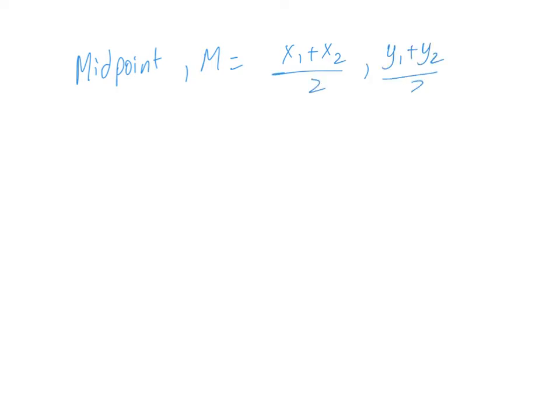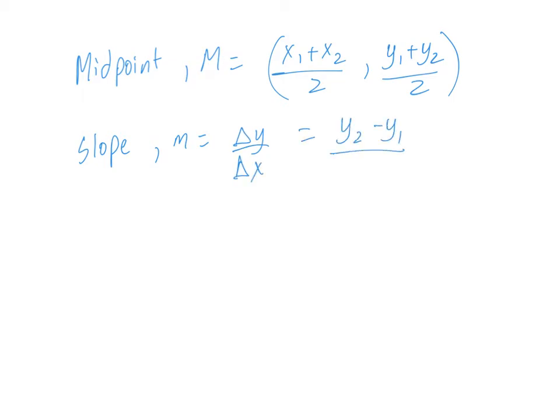If I were to write them over here, these are my three formulae. Midpoint: x1 plus x2 divided by 2, y1 plus y2 divided by 2. Slope: delta y divided by delta x, y2 minus y1 over x2 minus x1, right?